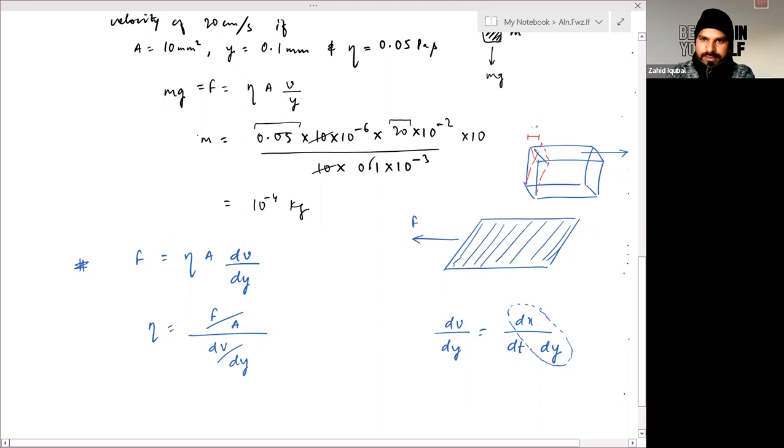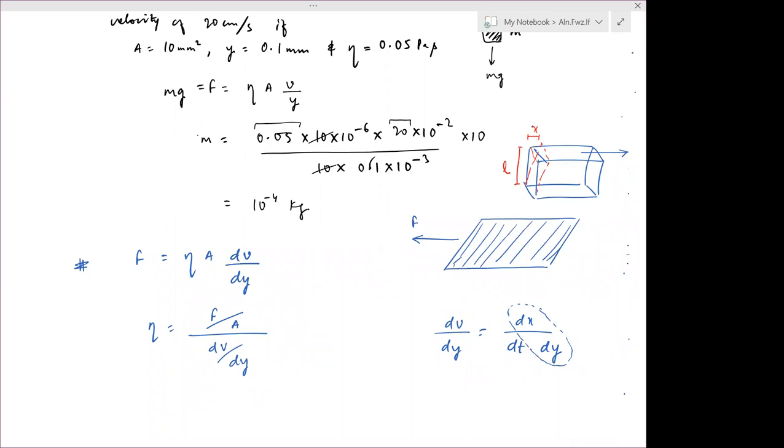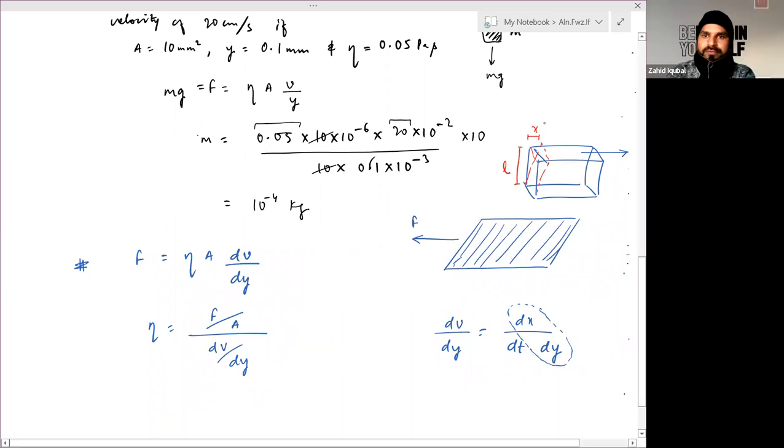Let's say this is x and this is actual length L. So the ratio of x by L is the amount of deformed shape to the original shape, which is also called shear strain.